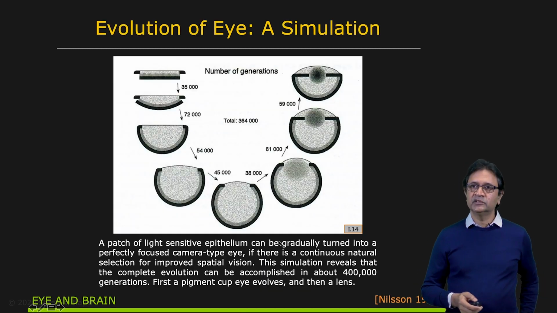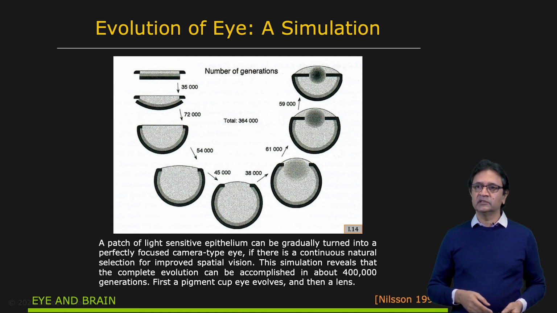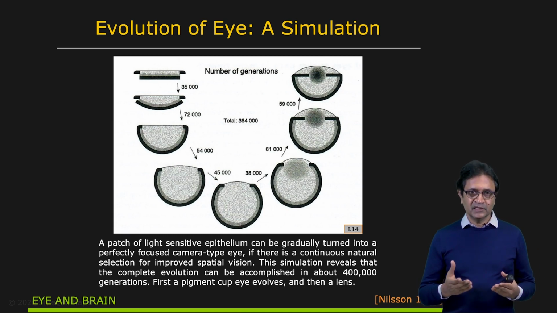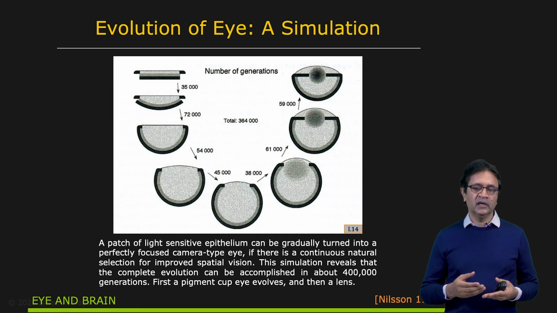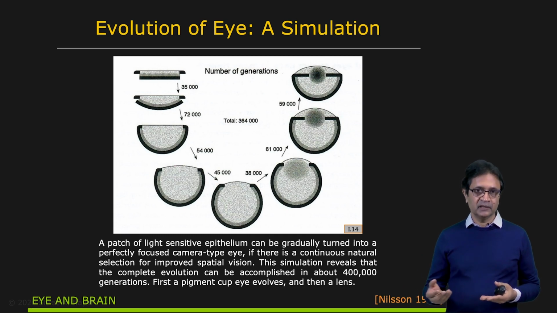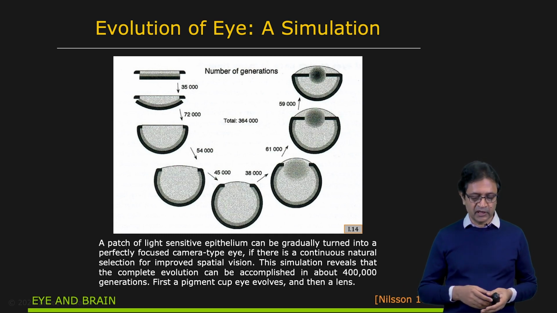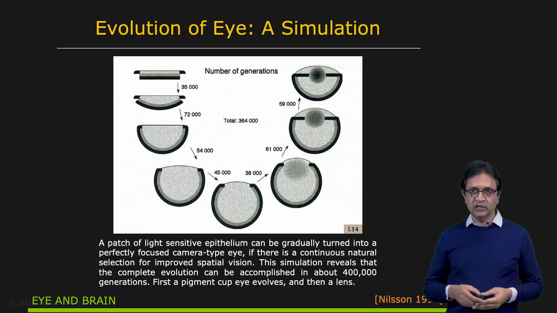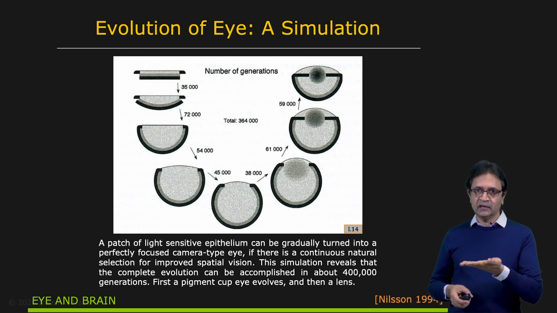Here is an interesting simulation that was done by Nielsen to try and understand how nature would have evolved the eye. The eye is, after all, a very sophisticated organ. So he starts off with a flat layer of light-sensitive tissue, epithelium.